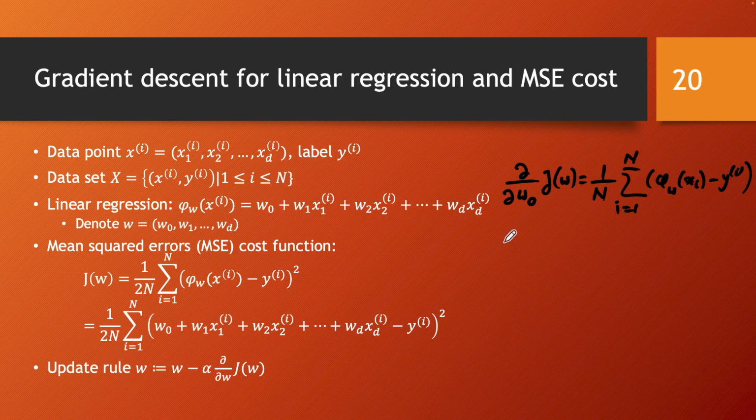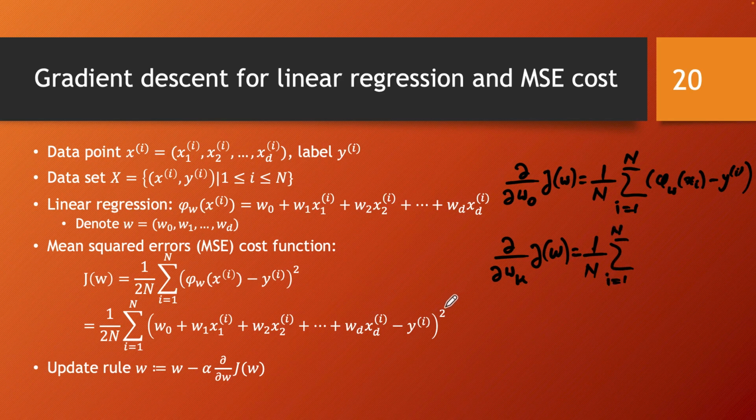The other derivatives are almost the same, with just a small difference. If I calculate all the other ones, say wk, where k is from 1 to d, this is going to be exactly equal to, and again I check where my wk is, it's in one of these terms. So I calculate the partial derivative of this entire term. That gives me this 2 that goes in front and cancels out with this 2, so it leaves me with 1 over n. Then I have my sum.